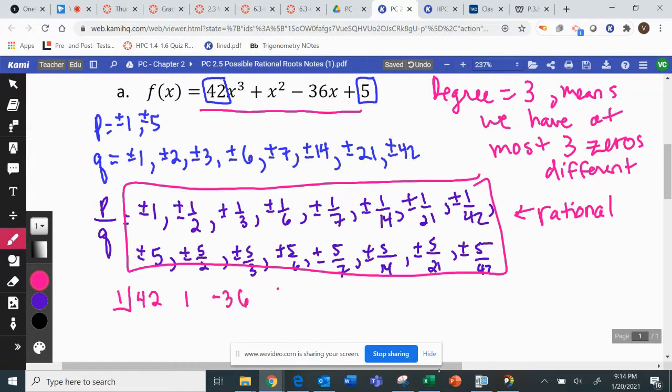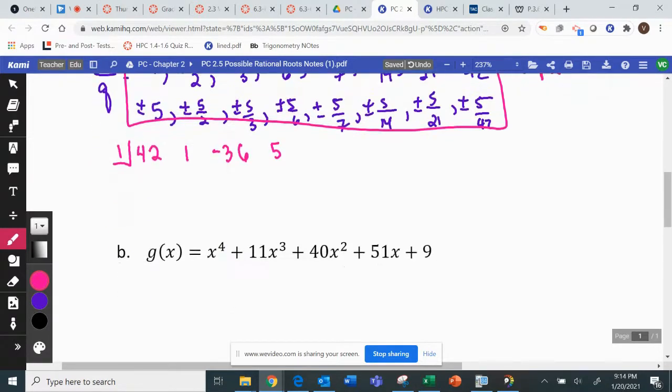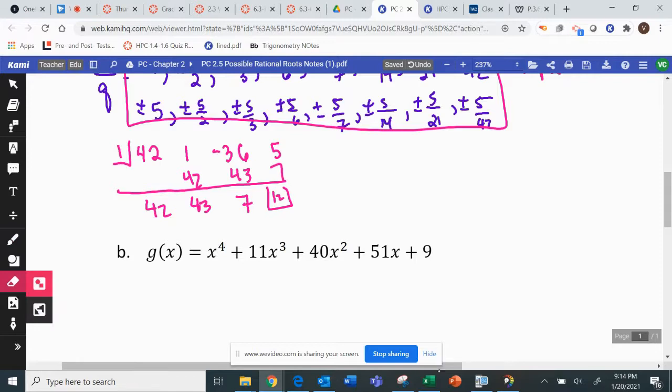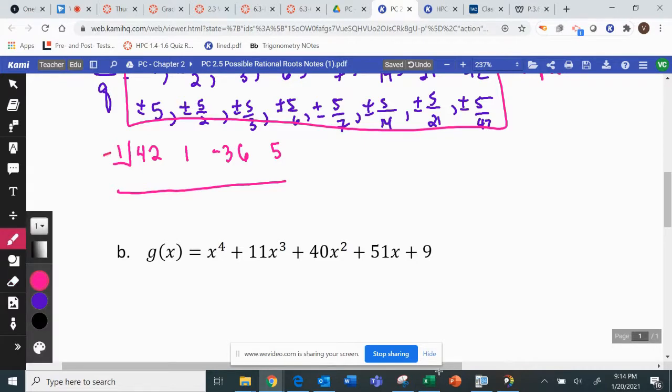So this is a guess. Is 1 a 0 of this polynomial? I'm going to do my synthetic division. So no, there is a remainder, so 1 is not a 0. So I cross that one off the list. So my next one I'm going to try is -1, a 0.